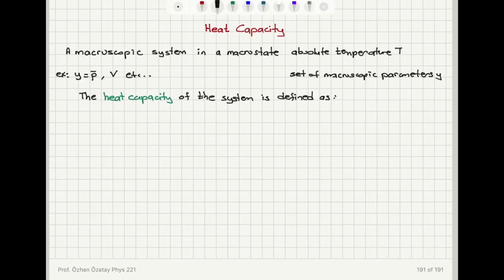We denote heat capacity with capital letter C, subscript Y, indicating that Y is kept constant. This is defined as the infinitesimal amount of heat absorbed for an infinitesimal temperature change, under the conditions that all parameters Y are kept constant.